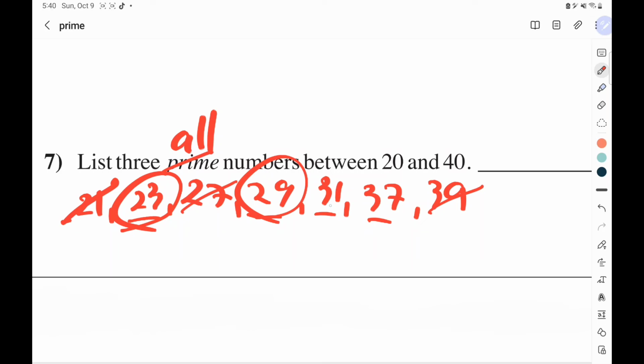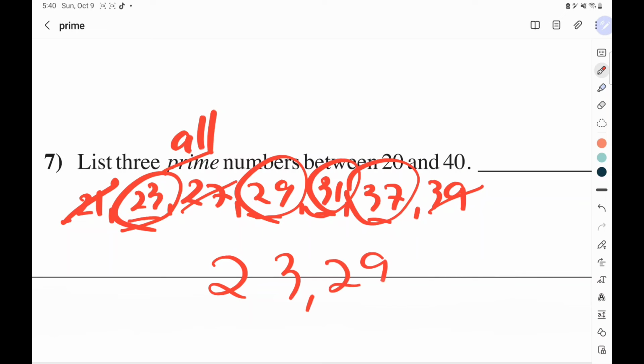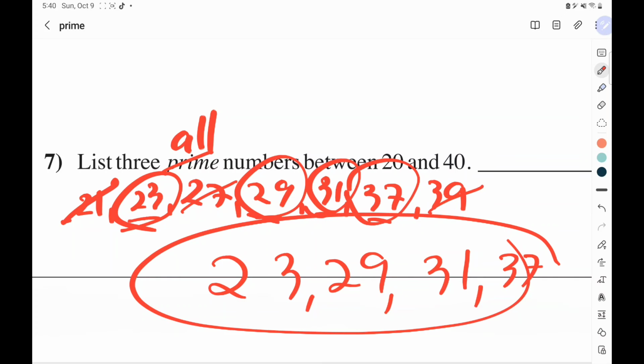That makes 31 a prime number. 37 divided by 7 is equal to 5, remainder 2, which makes 37 a prime number. So your prime numbers between 20 and 40 are 23, 29, 31, and 37.